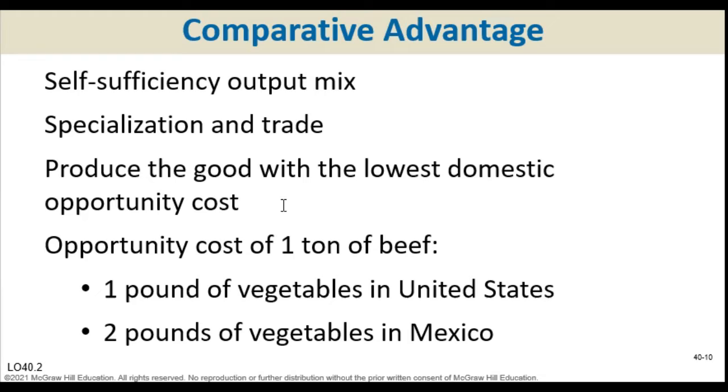In our case, to produce more beef, you have to produce less vegetable due to the resources that you have. Mexico has a higher opportunity cost, as Mexico must give up 2 pounds of vegetable for every pound of beef, while for the United States, the ratio is 1 to 1 when we look at the production possibility curve.